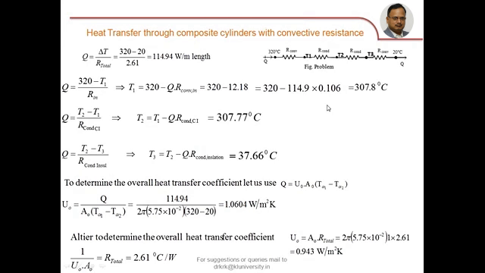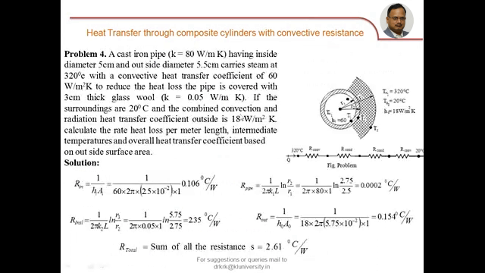One important thing you can observe through the solution: the temperature T1 is 307.8 and T2 is 307.77. That is, see here, T1 and T2. This material is cast iron, exhibiting high thermal conductivity, 80 watts per meter Kelvin.